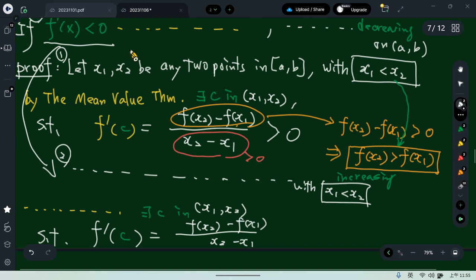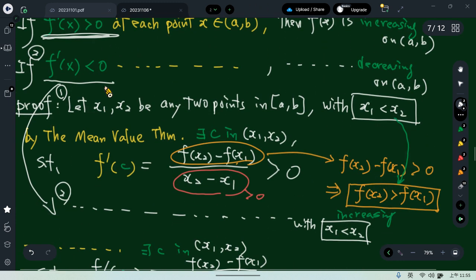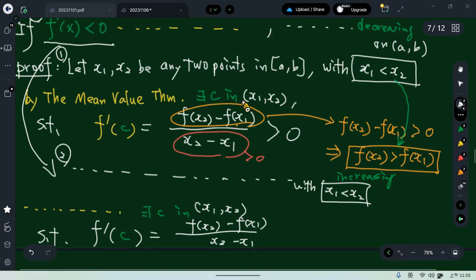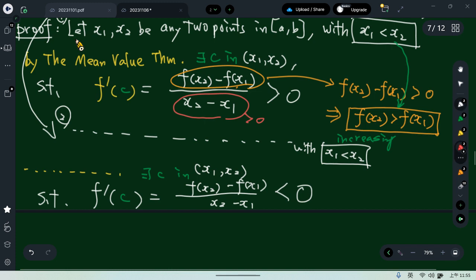But here f prime is always less than 0, so this part is less than 0. We also assume S2 is larger than S1, so the denominator is positive.